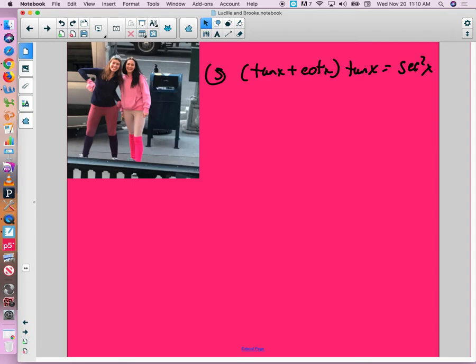One way to work this, the longest way, is to change everything to sine over cosine. Danielle and I did that this morning. We changed everything to sine x over cosine x plus cosine x over sine x. If you're super stuck, sometimes that's the way to go because you're so familiar with those words.